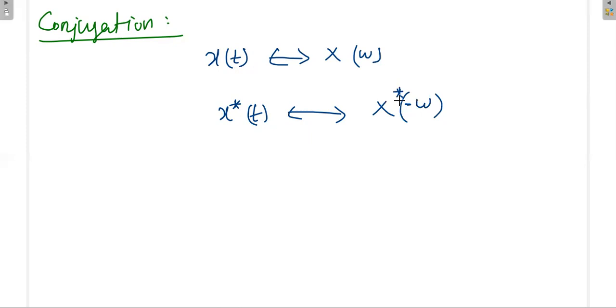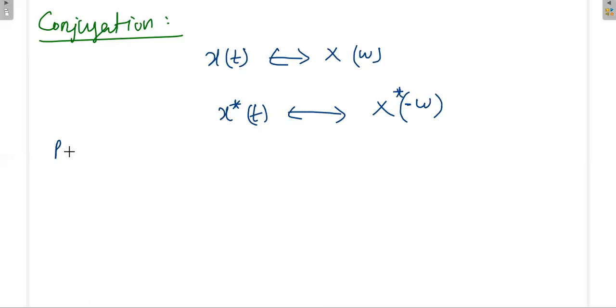It's like this: the star operation will affect only the imaginary part, but this is applicable to any omega, whether omega is present in a real term or in an imaginary term. So wherever omega is there, replace it with minus omega, and also apply the complex conjugate. Then how to prove this?